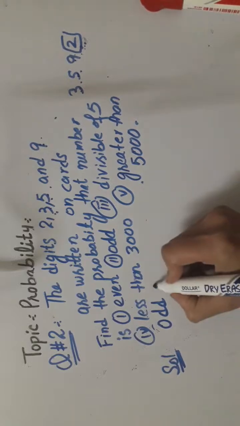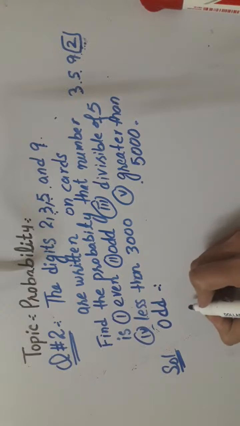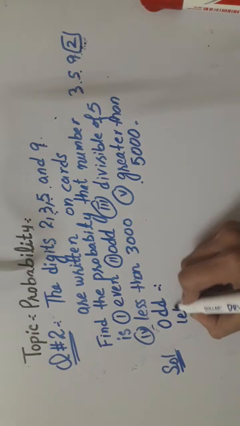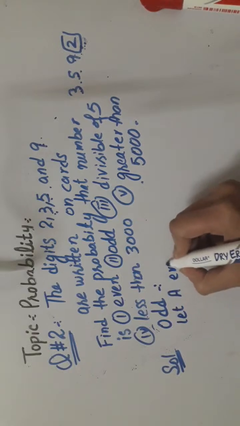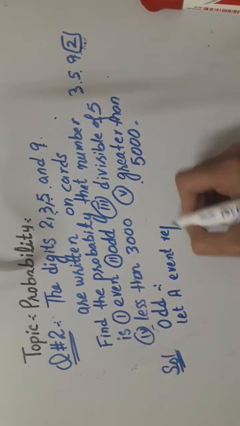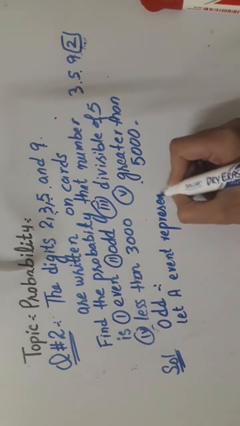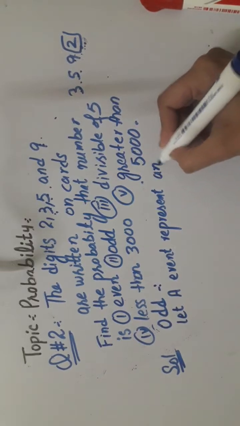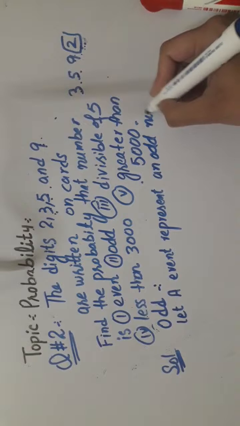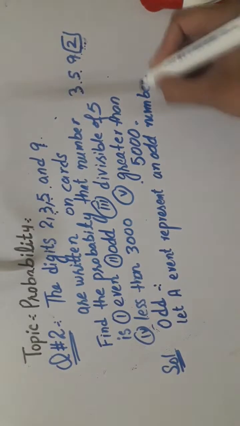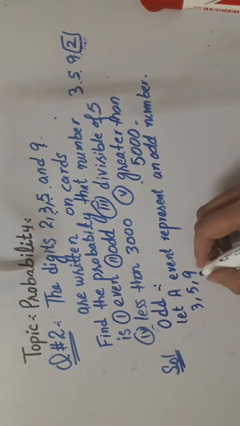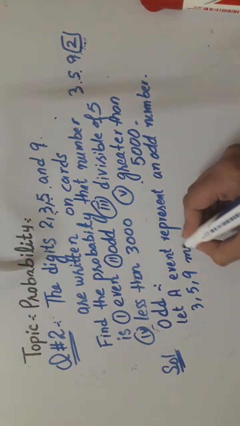Let event A represent an odd number. So 3, 5 and 9 must be the last digits.